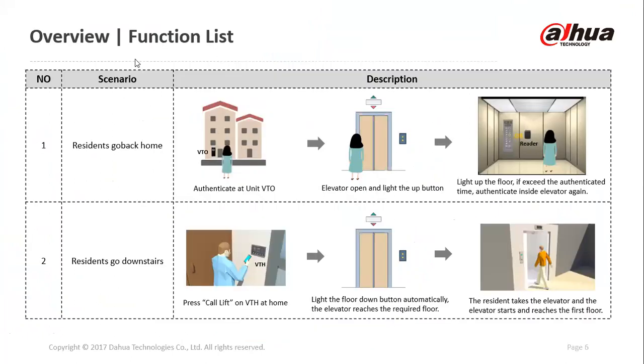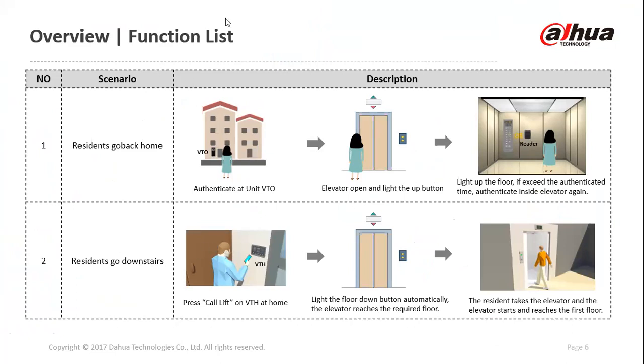The overview functioning of the system is that if residents come back home, if you swipe at the VTO, or maybe the VTO is doing facial recognition, you just go to the lift and automatically you'll be able to press the button for your lift. If you're not authenticated, you cannot press any of these buttons, so you cannot use the lift.